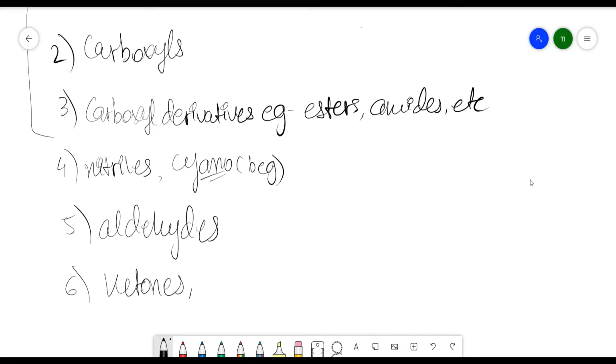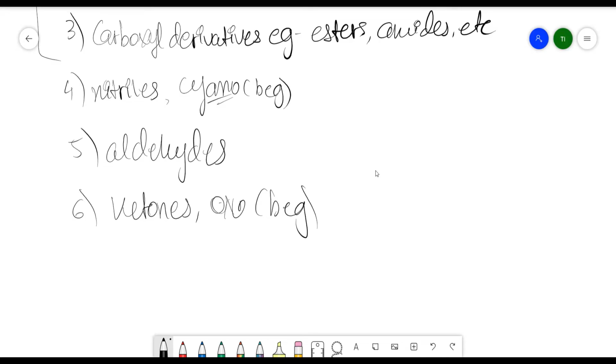And in case any of the above five are present and a ketone is also present, then the name you would give at the beginning instead would be oxo. So in case an aldehyde and ketone were present in the same organic compound, you would give oxo and then the organic compound al.